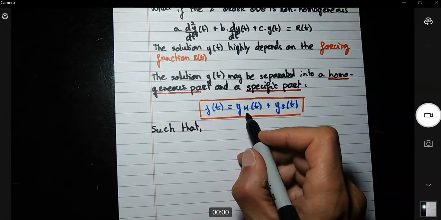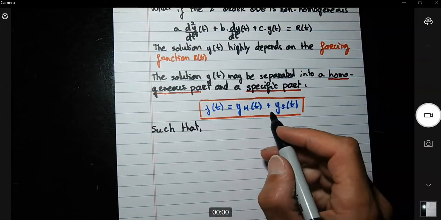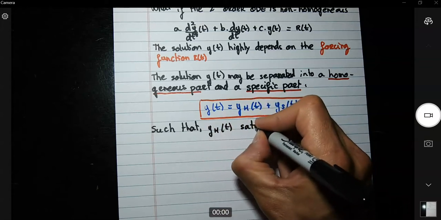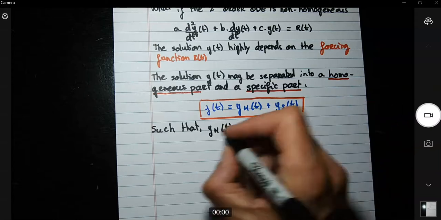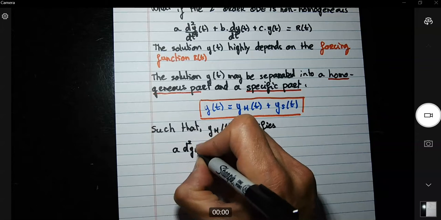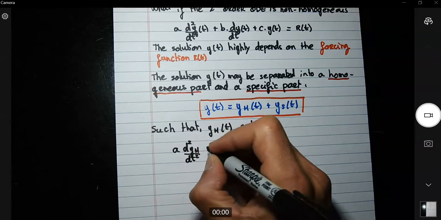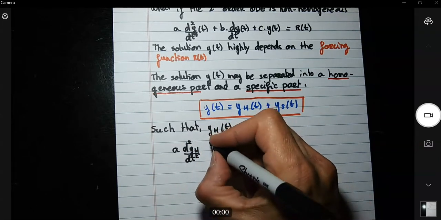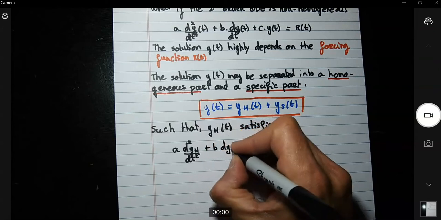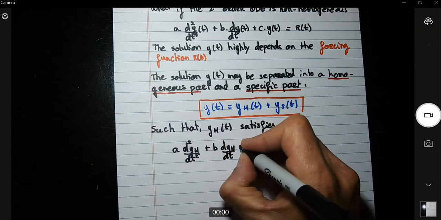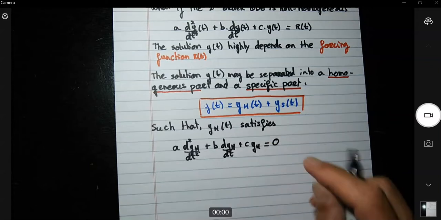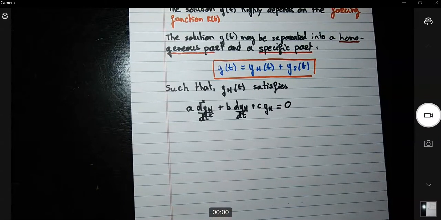Obviously y homogeneous needs to satisfy the homogeneous equation, such that a d squared y homogeneous dt squared plus b dy homogeneous dt plus c y homogeneous equals 0. So that's the first problem that we solve.